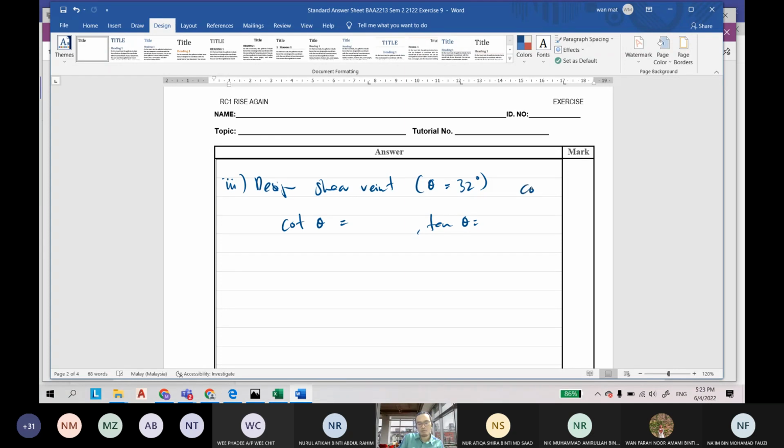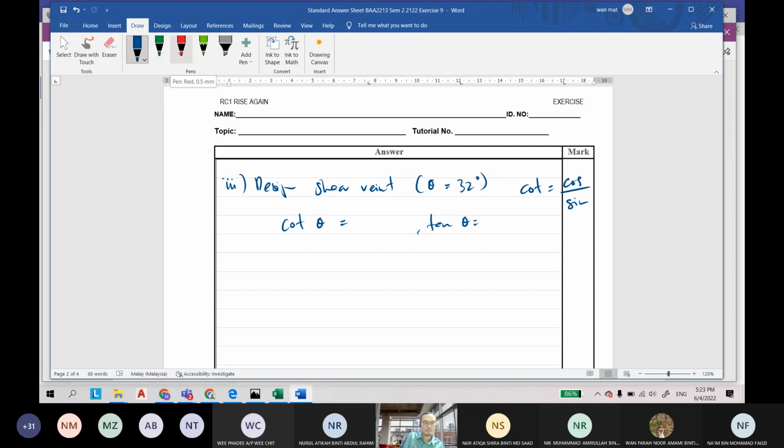Cotangent is cos divided by sine. Can you find the value for me? Cotangent theta is 1.6. Confirm, okay, 1.6. Tangent theta is 0.6. Okay, thank you.